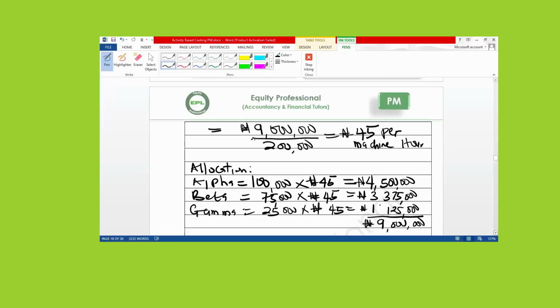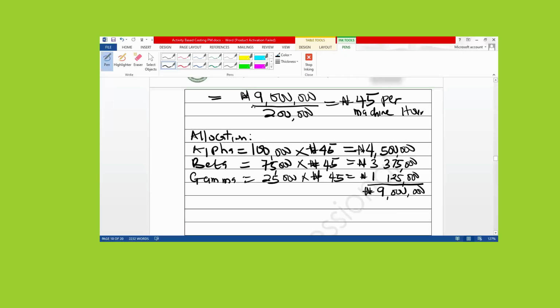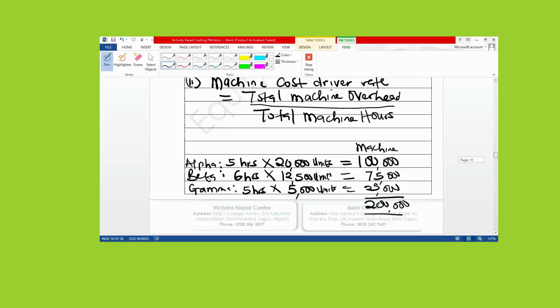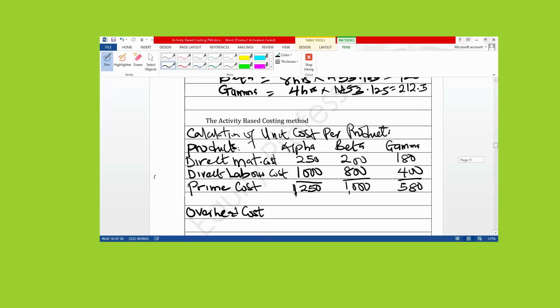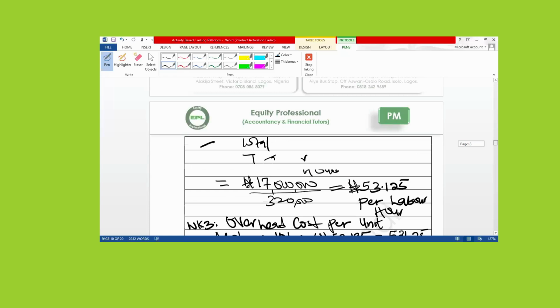We now move to number 3. Number 3 overhead, that is goods inward cost driver rates. Let's go and check. Component receipts.